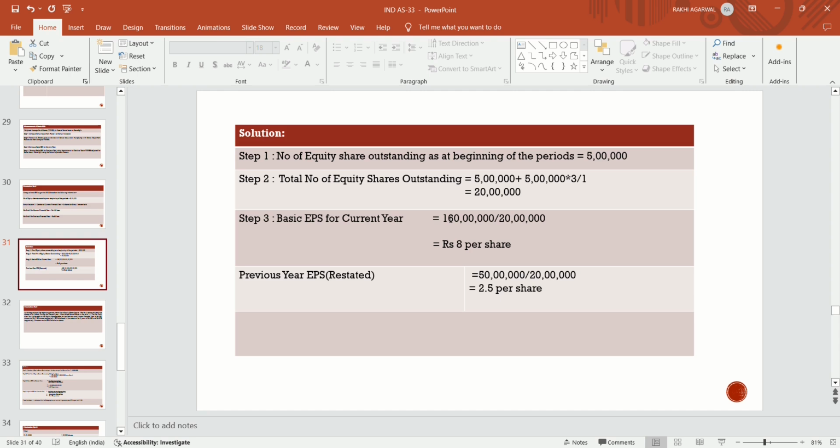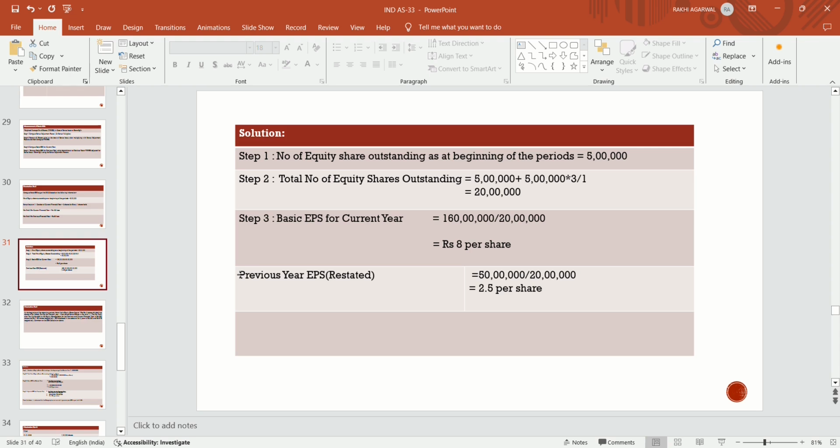We calculate directly, 160 lakhs divided by 20 lakhs, without giving the time factor, because in a bonus issue the time factor runs from the beginning for the shares which were outstanding at the beginning of the period. Though the bonus is issued in the middle, in October, the original shares for which the bonus is given were issued by the company as at the beginning of the period.